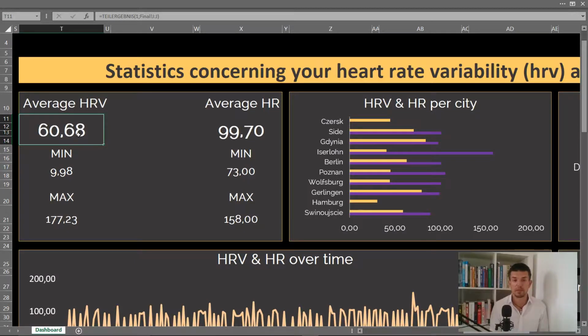So please do not interpret your heart rate variability without consulting a doctor. What we see here is an average which is pretty much the average for a male 35-year-old.